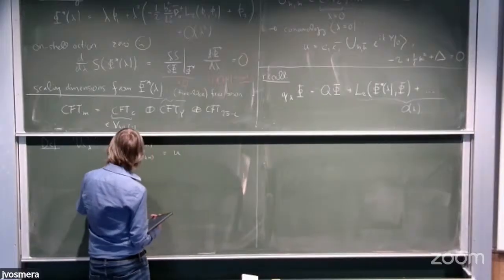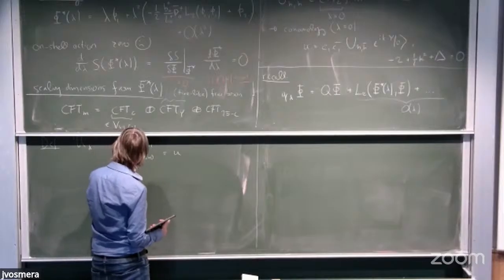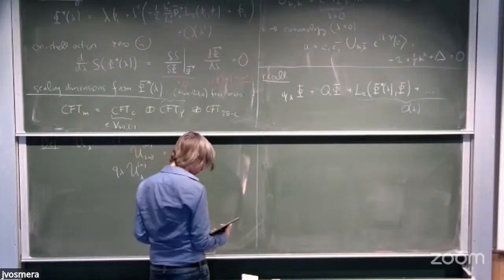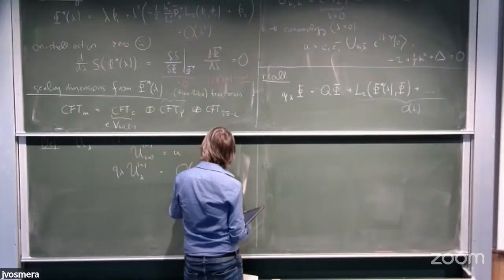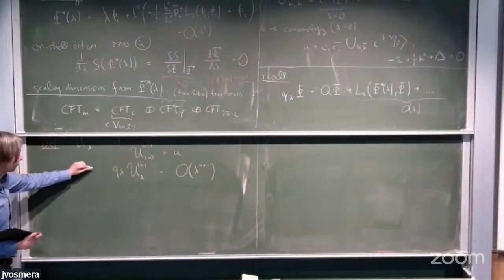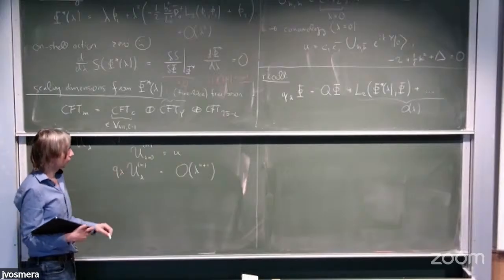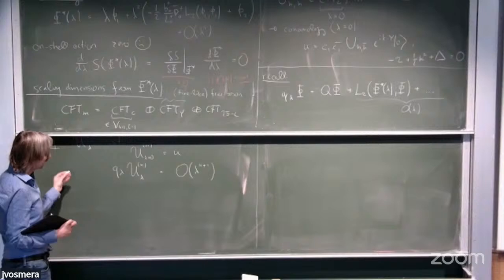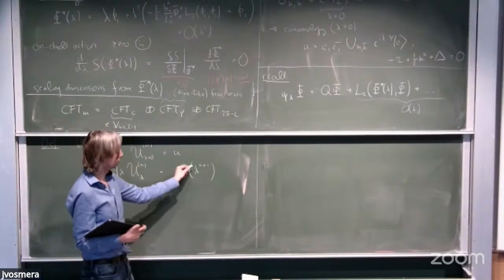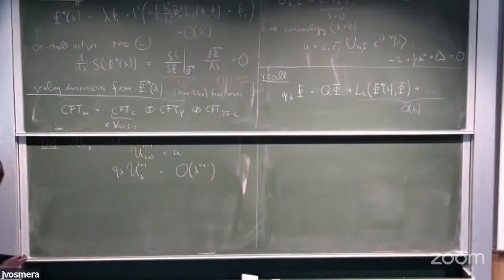But at generic lambda not equal to 0, when we act with Q lambda, we will be getting 0 up to terms which are of the order lambda to the n plus 1. So this condition is basically expressing what I was saying, namely that the state U lambda n can be thought of as being a state representing the different cohomology, which is exact up to corrections of order lambda to the n plus 1. Okay, so that's the strategy.